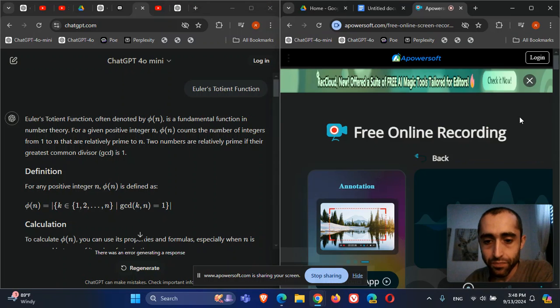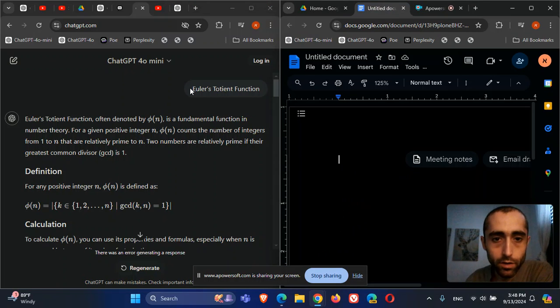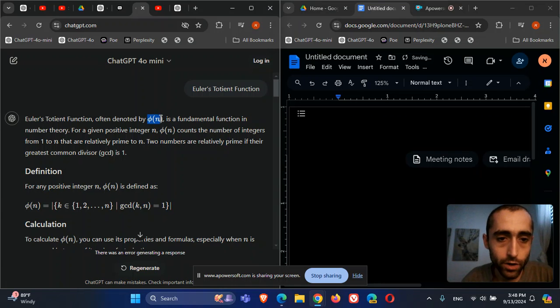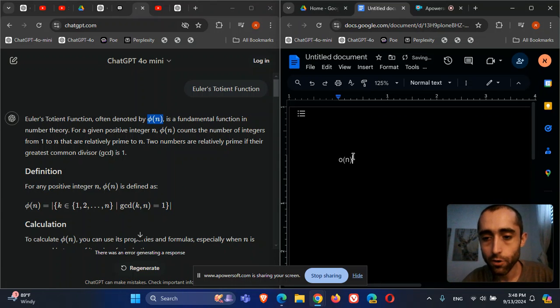Okay, so let's talk about the Euler totient function. Another important name is the Euler phi function. Sometimes it is even written as this, phi of something. You can see it right over here. Let's call it O because phi is hard to write.